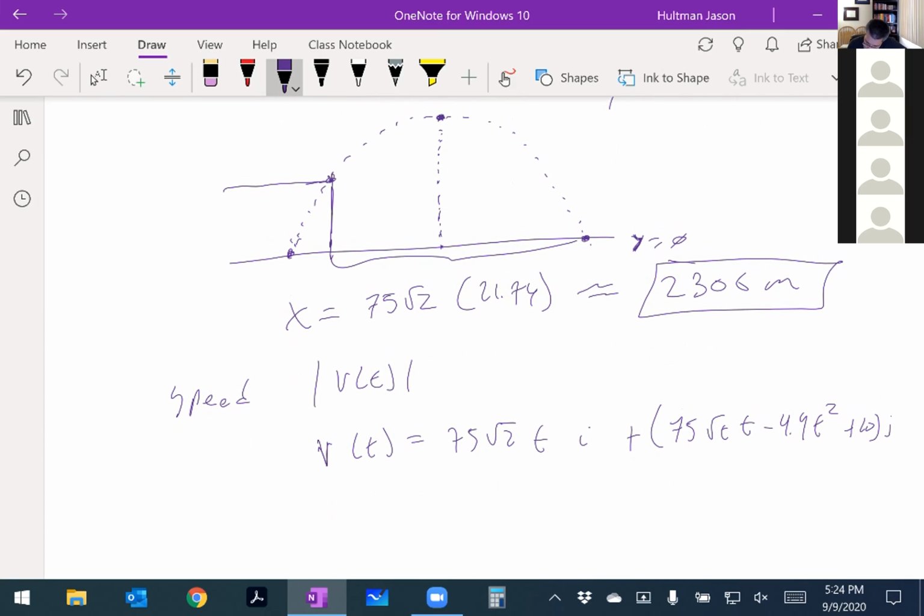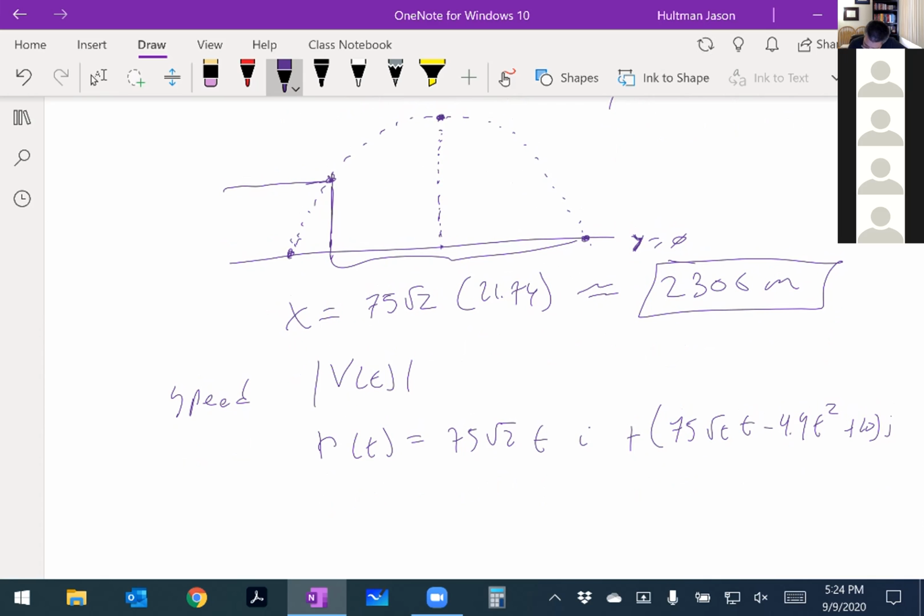So that's r of t. I'm sorry if my r's and my v's look similar. The speed is v and this is r.